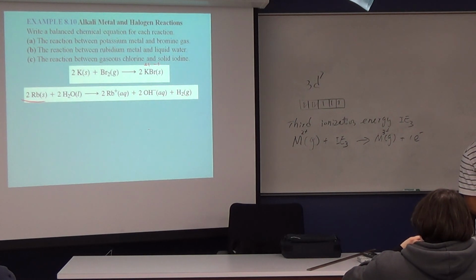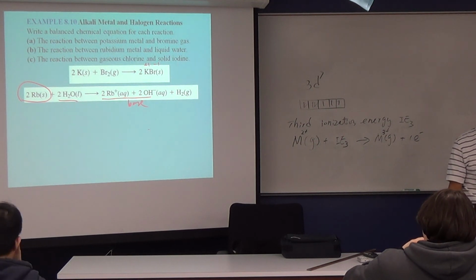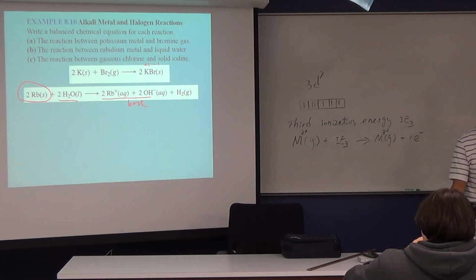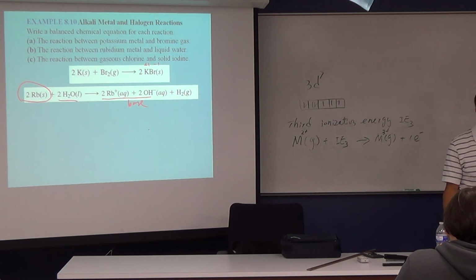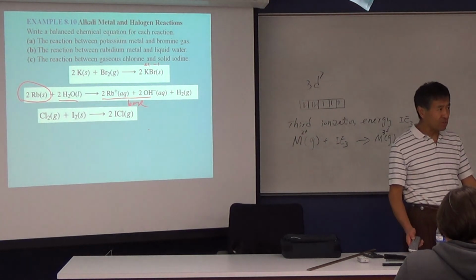So here these are our metals plus water, and produce this is our base, and the hydrogen gas. The last one is between two non-metals. Between two non-metals, usually will produce those covalent bonds or molecular compounds. Because neither of them wants to lose electrons, so they will share electrons.